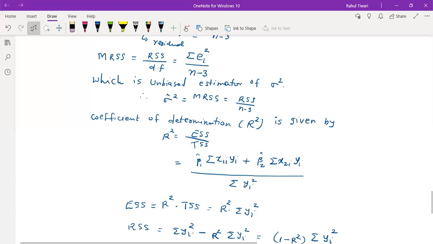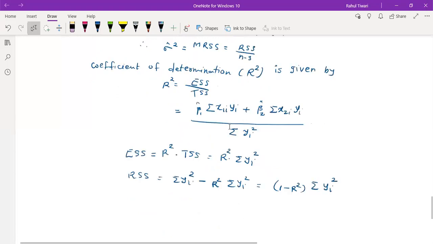We have data for y, and you need to calculate the sum of yi square. We'll get TSS. So what is your ESS from here? It is going to be R square into TSS. So TSS is summation yi square, and once we have ESS, one can get RSS using the total sum of square minus ESS.